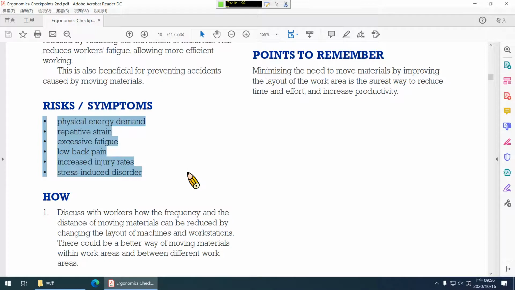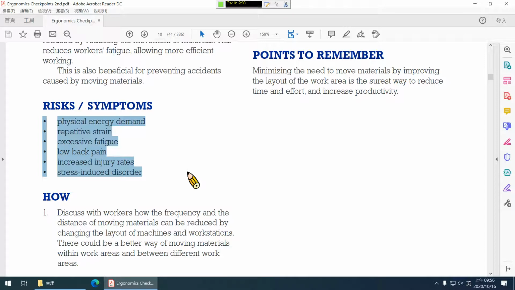On the other hand, even if you try to collect these risks, it's still very difficult to justify that the layout is the main reason for increased low back pain. Why?